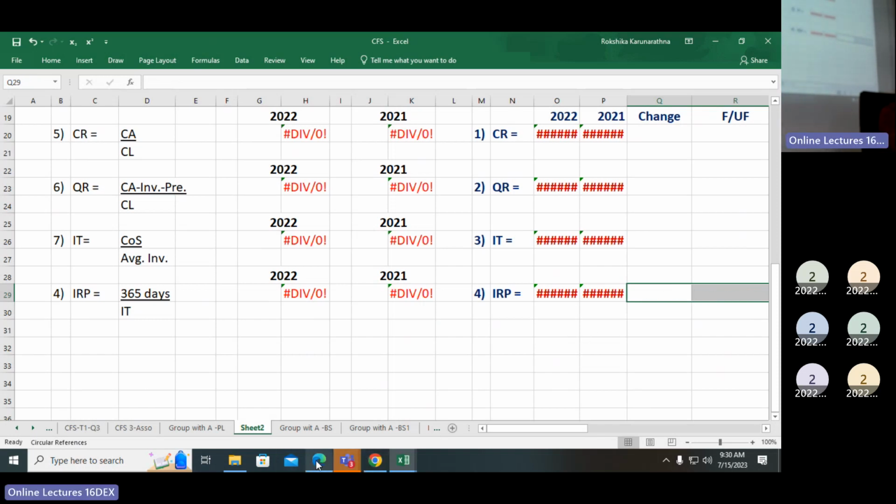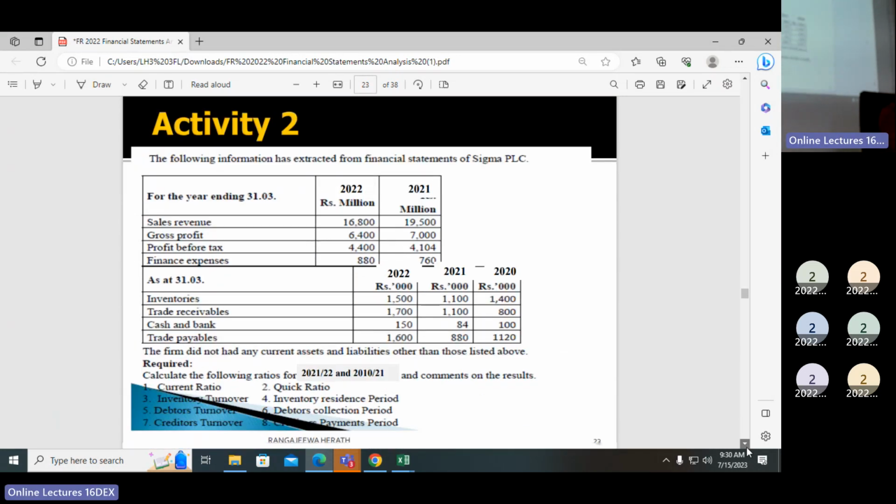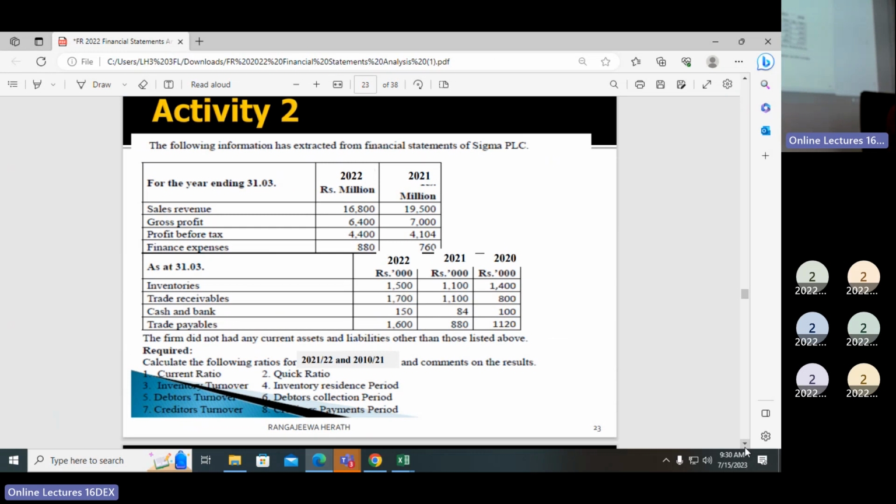So I want you to attempt this activity now. This is activity 2. You have 8 ratios. 8 ratios means 16 calculations, for last year and current year.